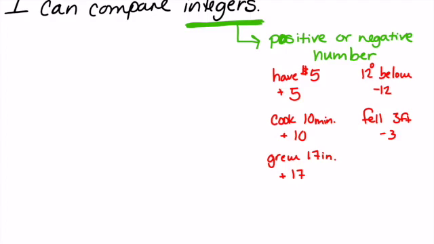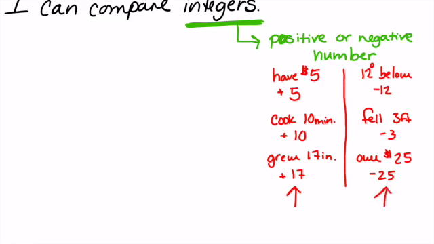How about you owe someone $25. That means you have negative $25. Now with the negative numbers, you have to always write the negative sign. It's really important so you know it's a negative number. Numbers without signs can be positive. Numbers that are negative always have the negative signs.